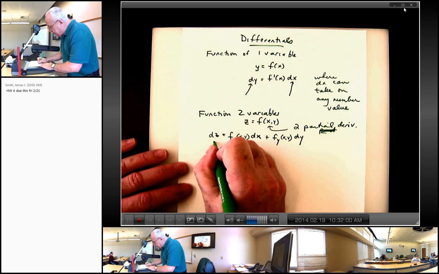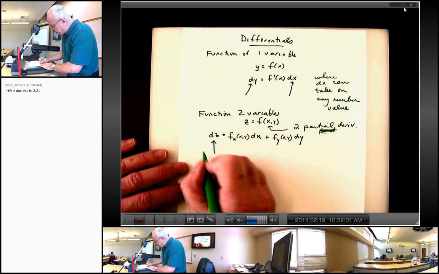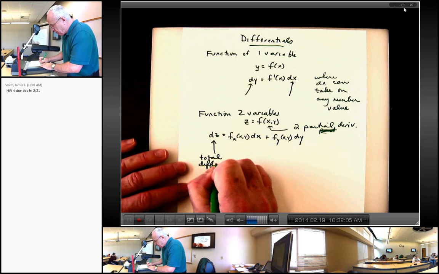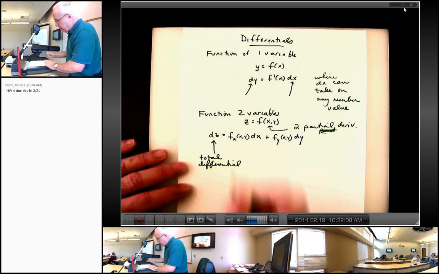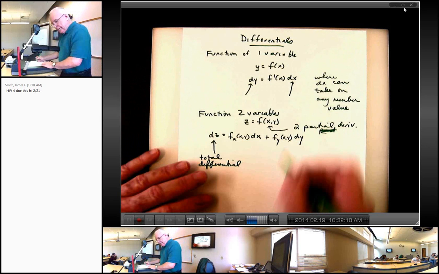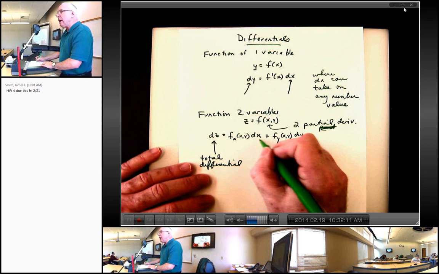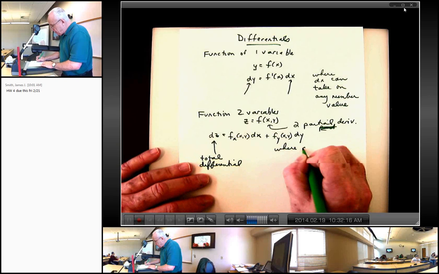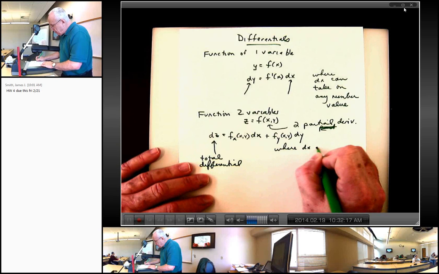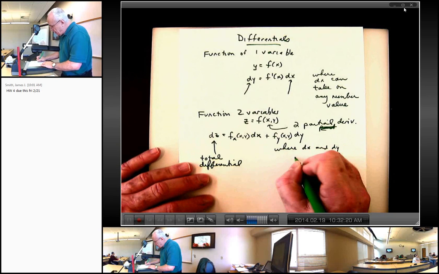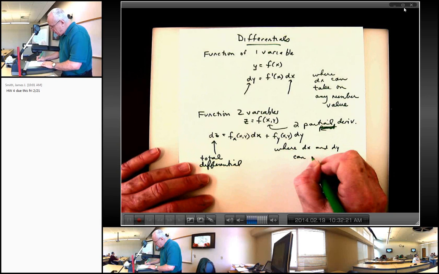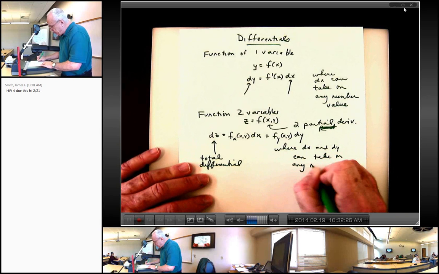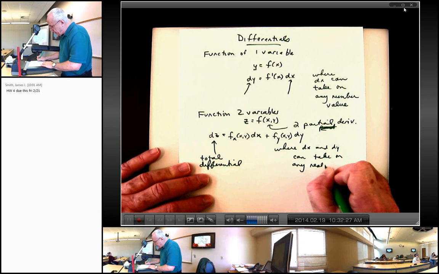This dz has a name. It's called the total differential. All right. And again, dx and dy can take on any real number value, not complex, any real number value.